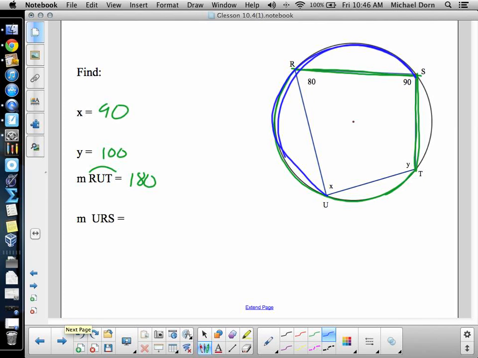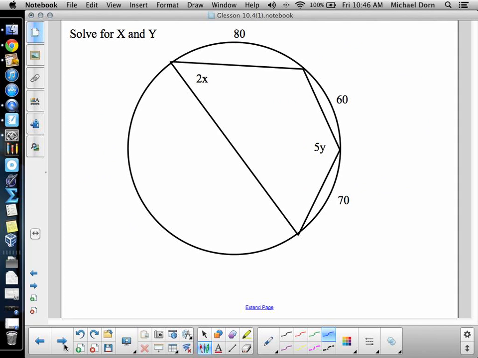URS is my arc, so my angle is angle Y. Angle Y, I said, is 100, so the arc would have to be 200. You see how we use these things? We do have to remember that double-half relationship, but for the most part, it's fairly straightforward.